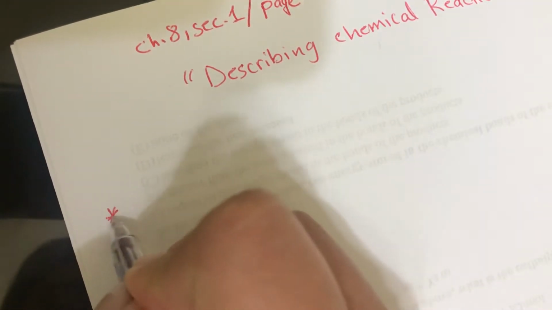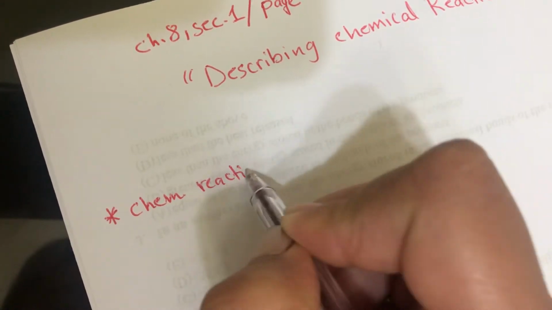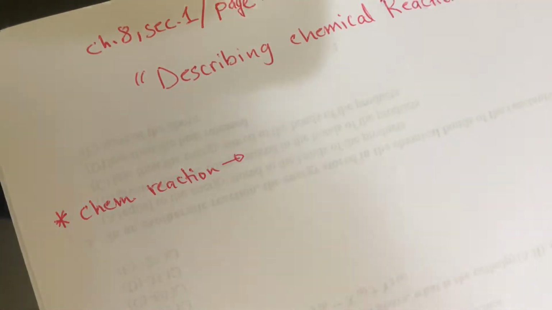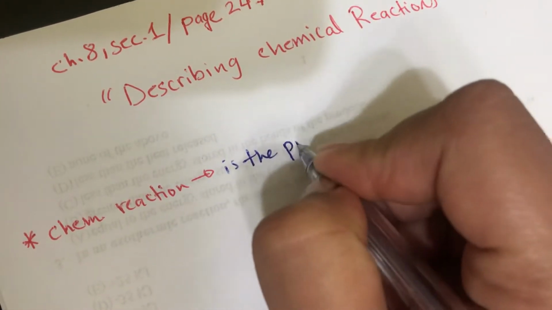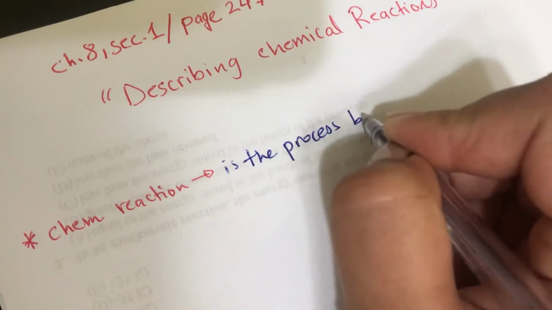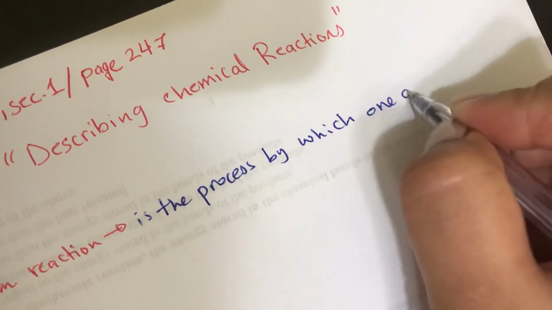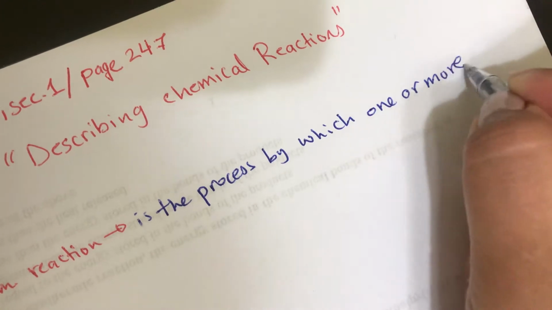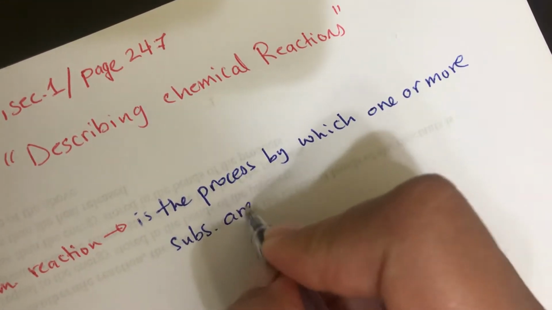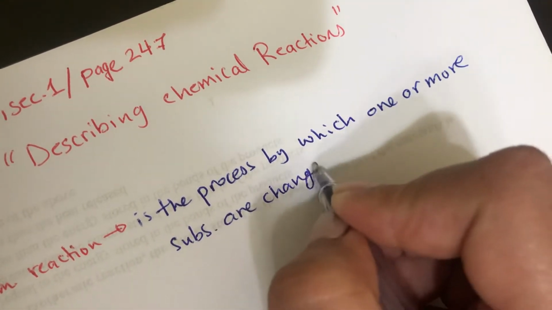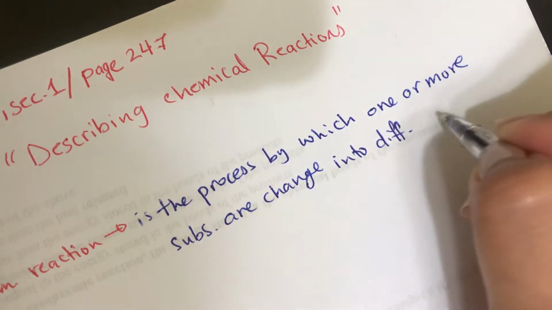So, a chemical reaction is a process by which one or more substances are changed into a different substance.